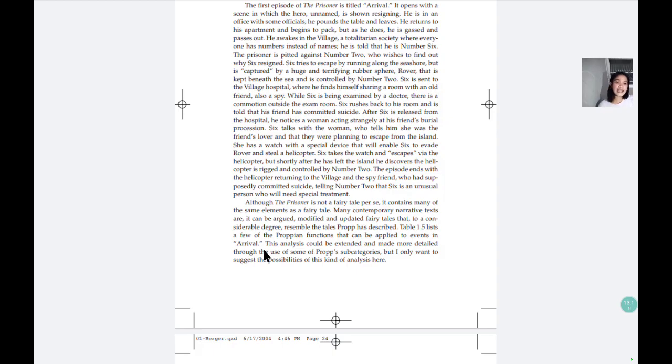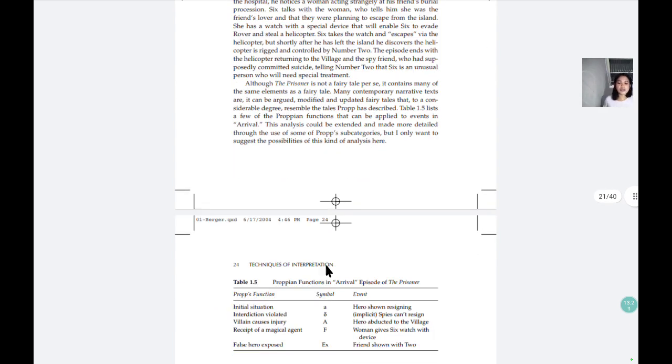This analysis could be extended and made more detailed through the use of some Propp subcategories, but I only want to suggest the possibilities of this kind of analysis. So these are the Proppian functions in the Arrival episode of The Prisoner.